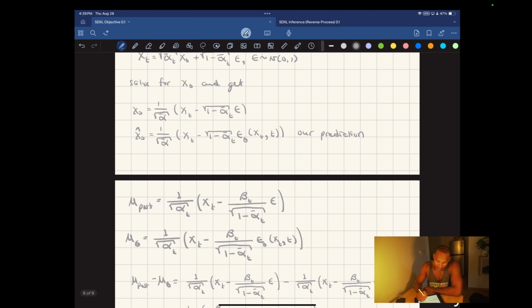Okay, so now we have x naught and x hat naught.